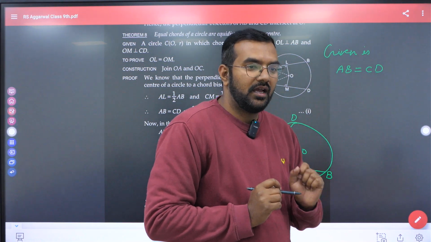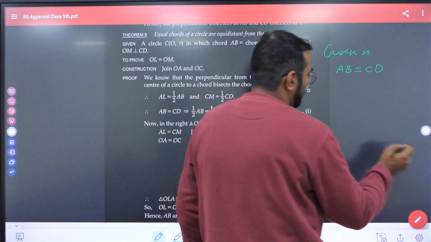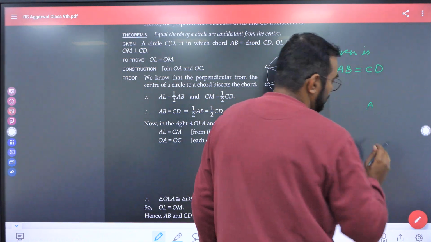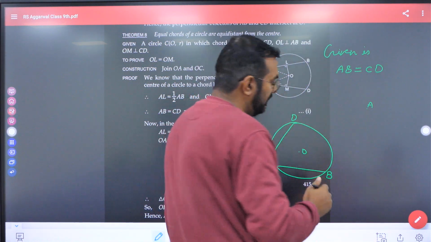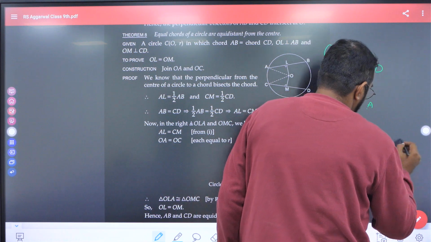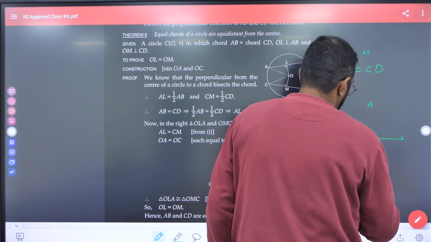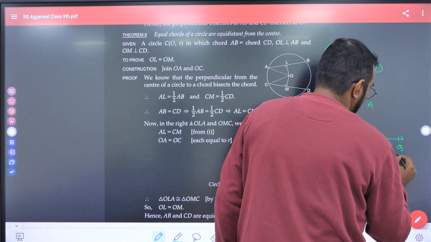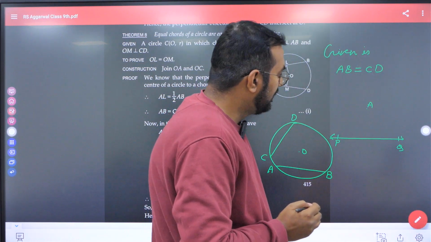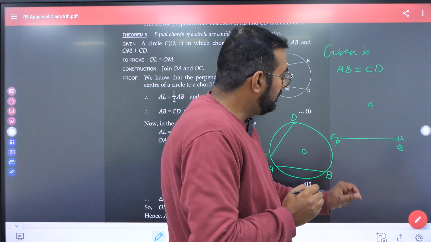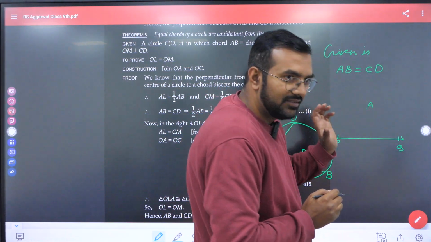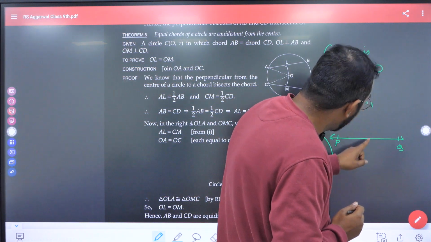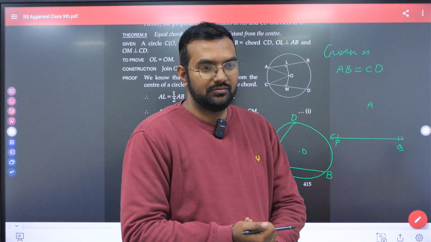I mean to say, look here. Suppose there is a point A, and this is a line PQ, and I ask you to please find the distance from the point A to the line PQ.